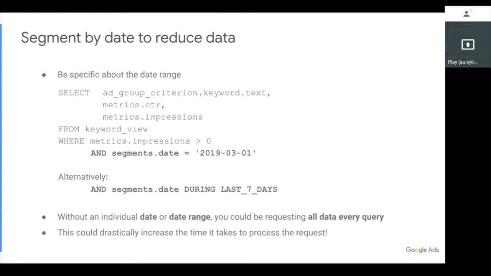In this way, you can further reduce the size of the response. Without an individual date or date range, you could be requesting all the data of all time. And imagine that you have a long historical data. This could result in an increase of the time it takes to generate your response.